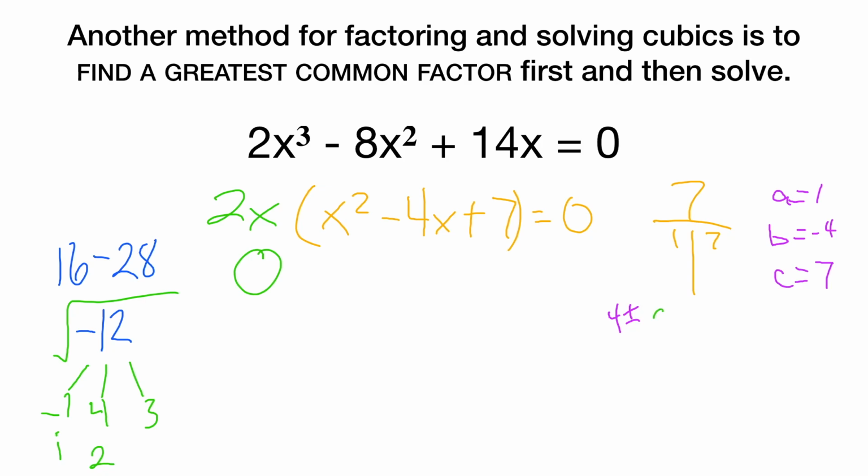So this becomes 2i square roots of 3 all over 2. Since these are all multiples of 2, it becomes 2 plus or minus i square roots of 3, all over nothing because we just eliminated that 2. So those are our 3 answers.